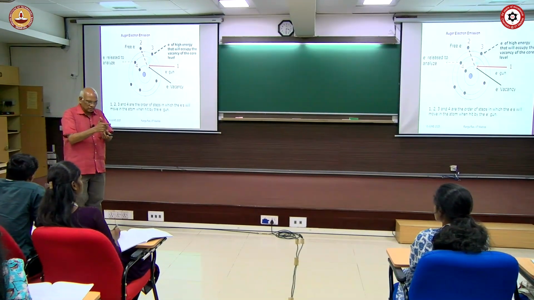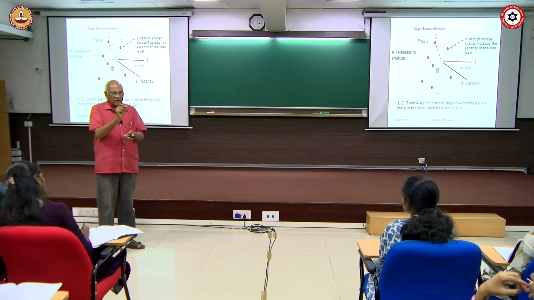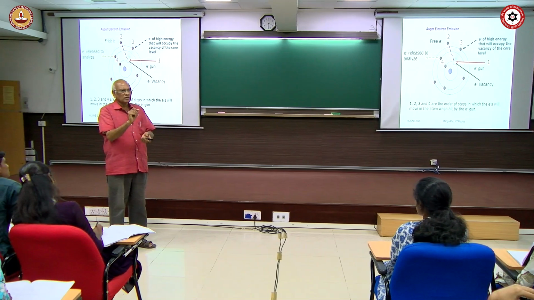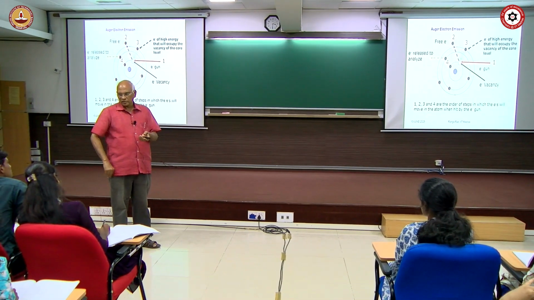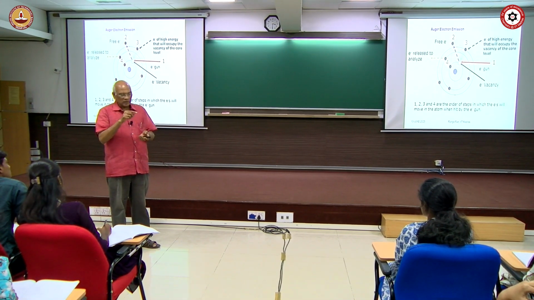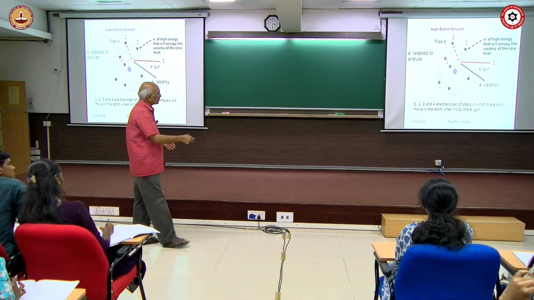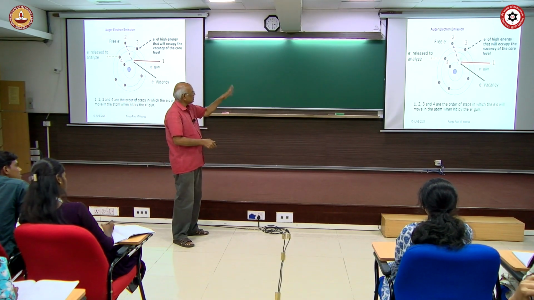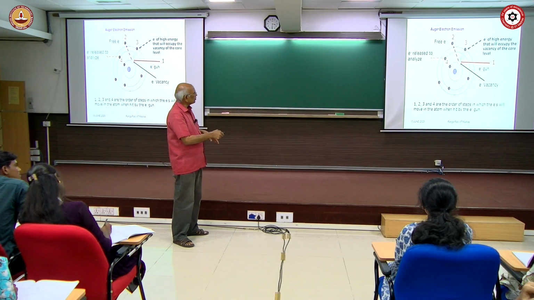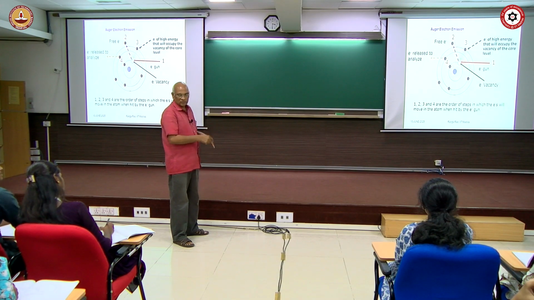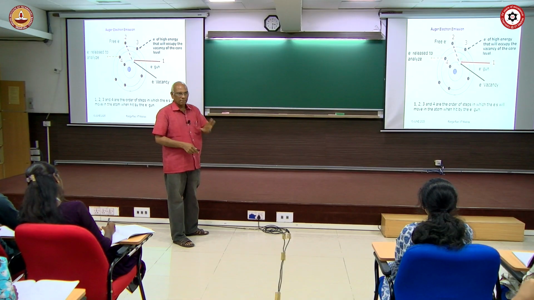Electron gun means it gives electrons of a particular kinetic energy, something like 3 to 3.5 kilo electron volts. Electrons will come and knock out these core electrons. To get good Auger emission, people use this in Auger spectroscopy.